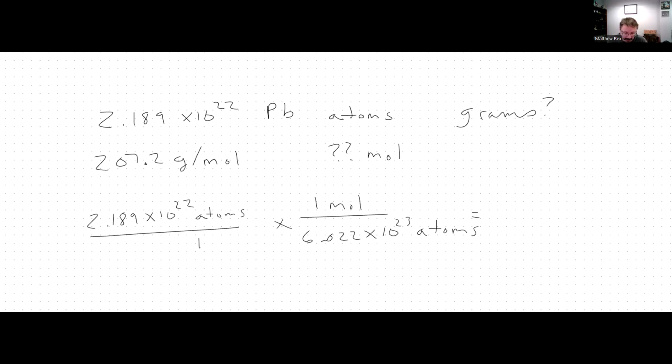So when I do this, I get 0.03635 moles. And then now that I know the molar mass, I can just take that times the molar mass.